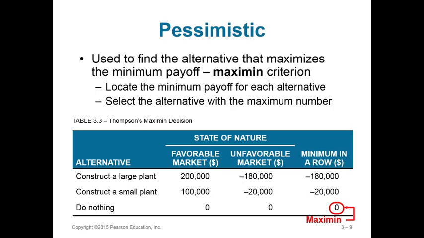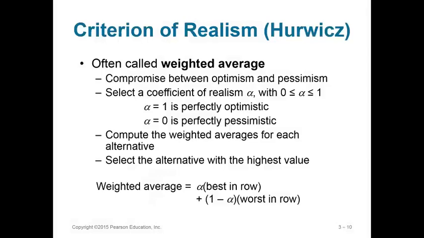But we typically are not perfectly optimistic, and we're not perfectly pessimistic. We realize that most of life is somewhere in between, and so that's the criterion of realism. How pessimistic are you versus how optimistic are you?